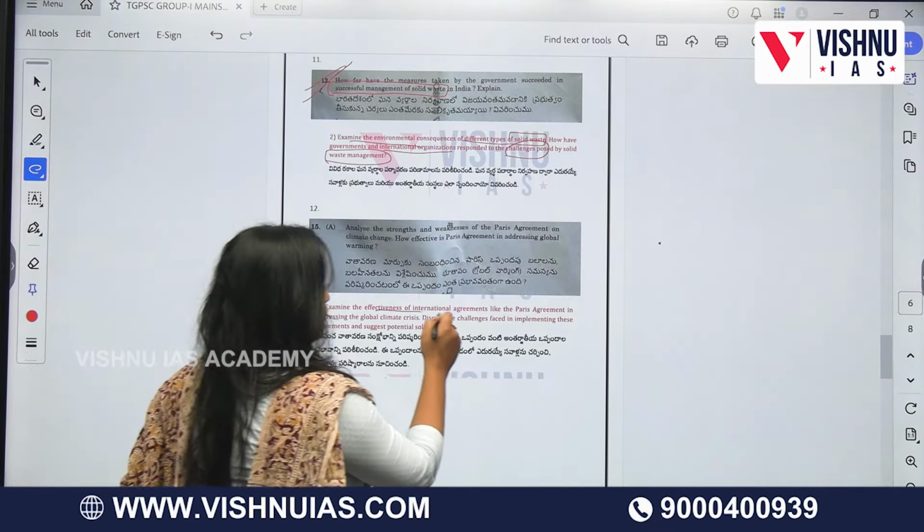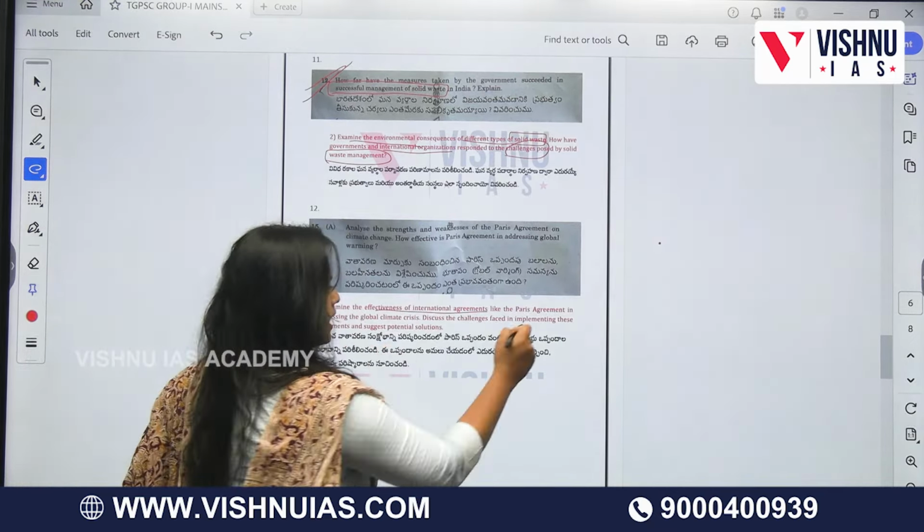Next, effectiveness of international agreements like the Paris Agreement in addressing the global climate crisis. Challenges faced in implementing these agreements and suggest potential solutions. Analyze the strengths and weaknesses of the Paris Agreement on climate change. How effective is the Paris Agreement in addressing global warming? Very easy.